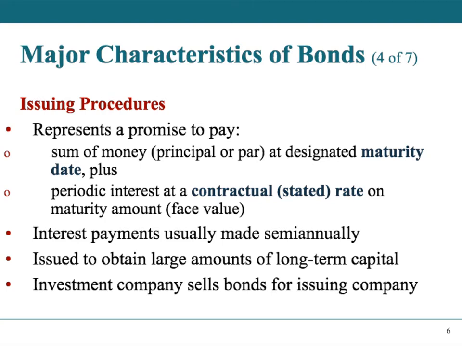It's a promise to pay a sum of money, so principal or par, at a designated maturity date, plus periodic interest at a contractual or stated rate on that maturity amount. Interest payments are usually made semi-annually, however it could be quarterly or annually as well, issued to obtain large amounts of long-term capital. An investment company usually sells bonds for the issuing company, so it could be a bank.